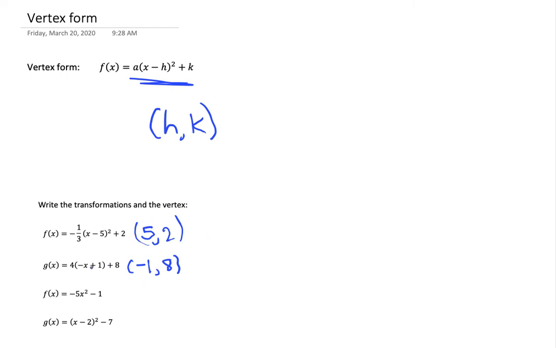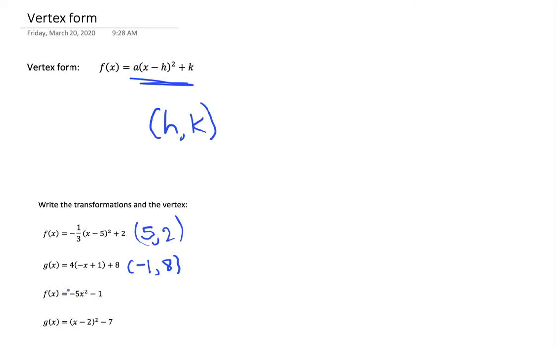As far as transformations, this 4 is indicating a vertical stretch. This is a reflect across the y-axis, left 1, up 8. Reflect across the x, vertical stretch by 5, down 1.